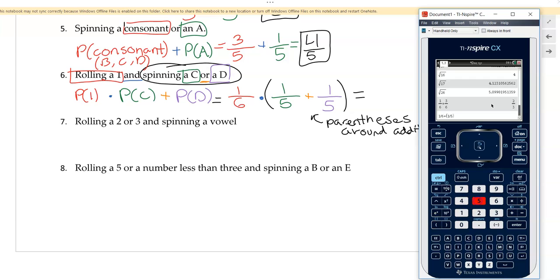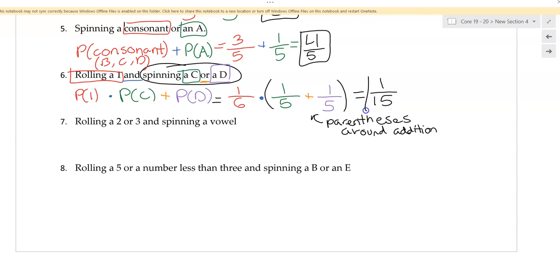But throwing in a calculator is easier. I'm not even typing this in right. So I'm typing it in exactly how it looks, right? 1/6 times parentheses 1/5 plus 1/5. You cannot forget the parentheses. You'll get it wrong.